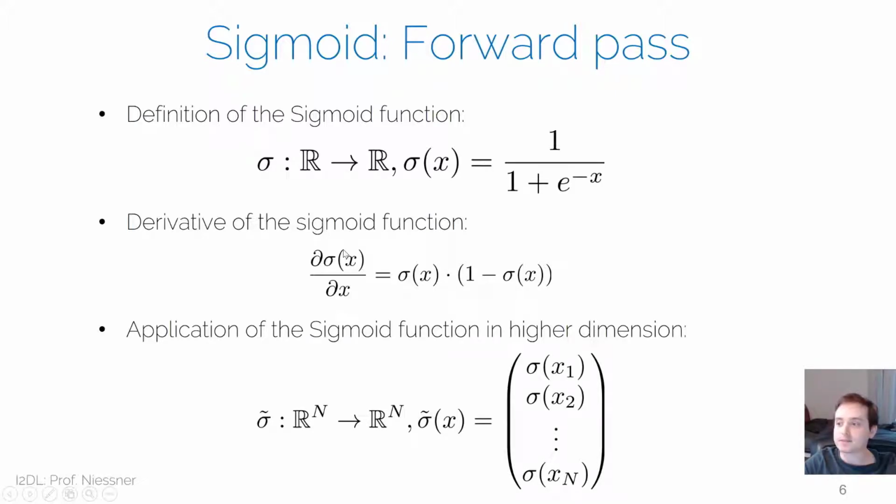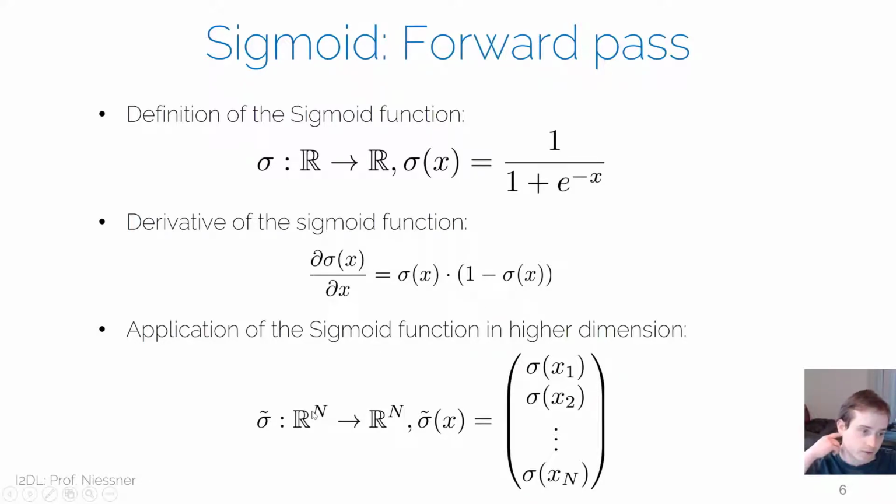Now what happens here is that the sigmoid is a function from R to R. It's a scalar function that takes a number in R and returns another number in R. But as I said earlier, we're vectorizing everything, and we stack all our input samples as rows. So in fact, the input to your sigmoid function is not a number in R, but a vector in R^n, and n is the number of samples here.